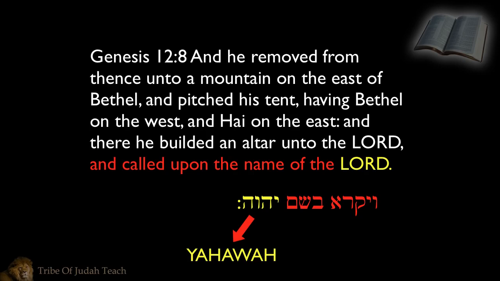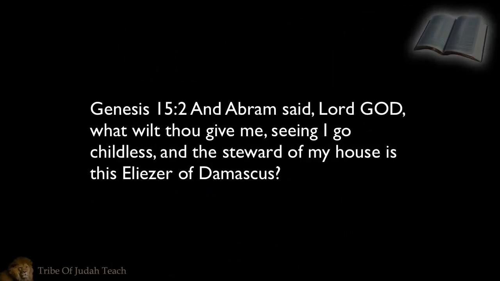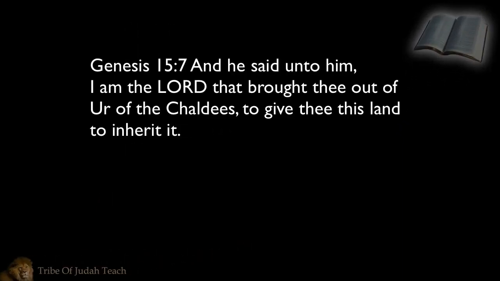In fact, the Most High told Abraham what his name was. Watch this. Genesis 15:2. "And Abram said, Lord God, what wilt thou give me, seeing I go childless, and the steward of my house is this Eliezer of Damascus?" Let's go down to verse 7. "And he said unto him," this is the Most High talking, "I am the Lord that brought thee out of Ur of the Chaldees."